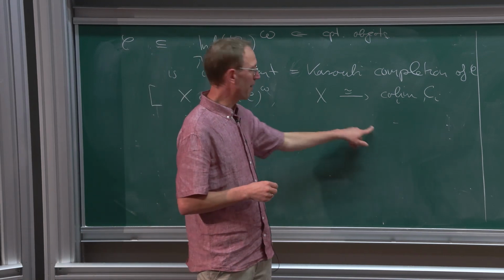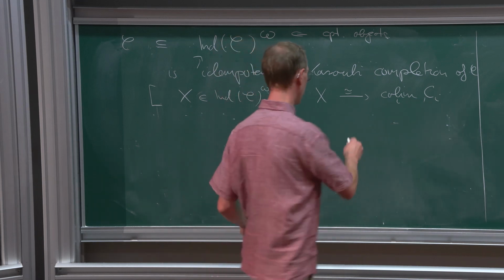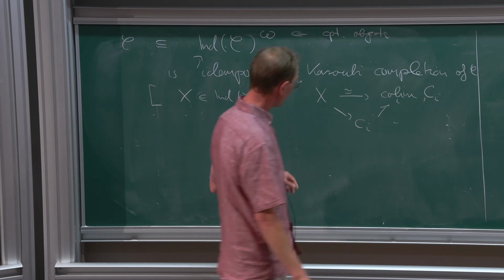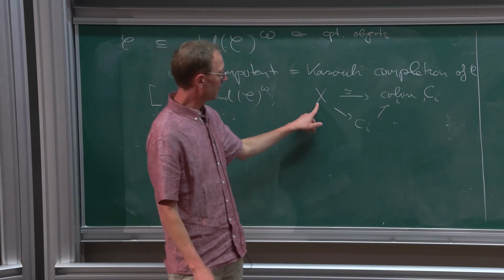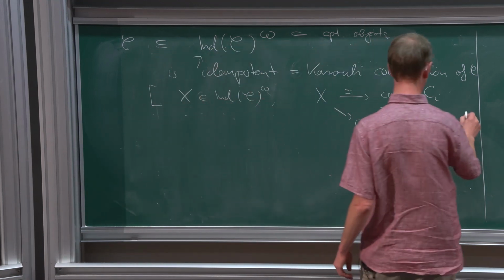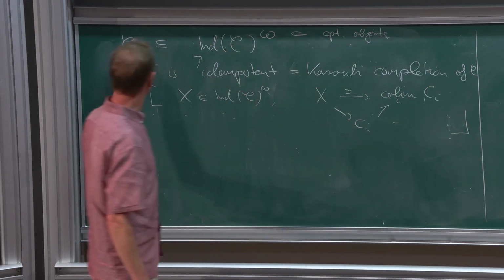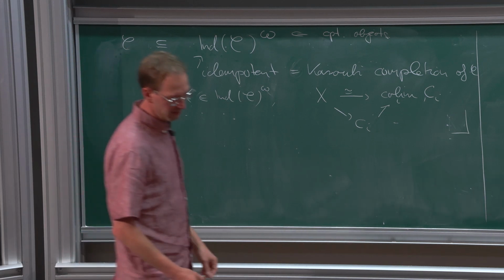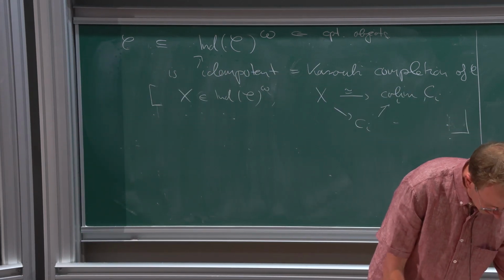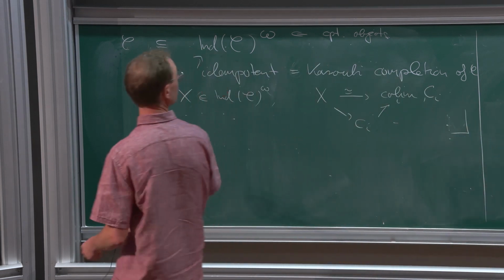So this means that this map already factors over one of the C_i's. So you get a factorization like this, and this shows that x is a retract of the C_i. Okay.